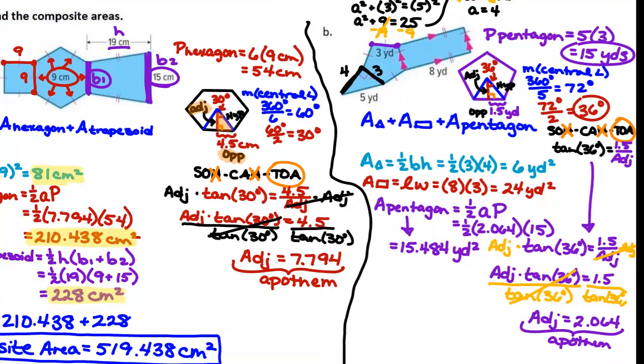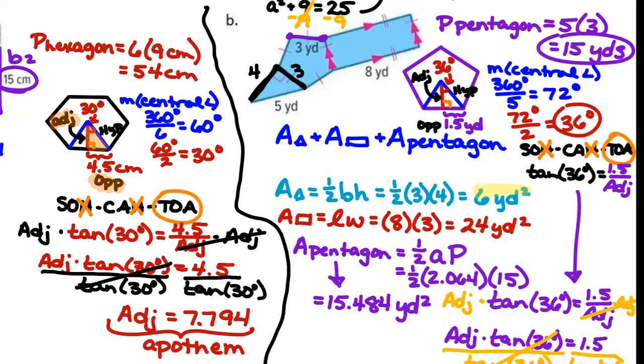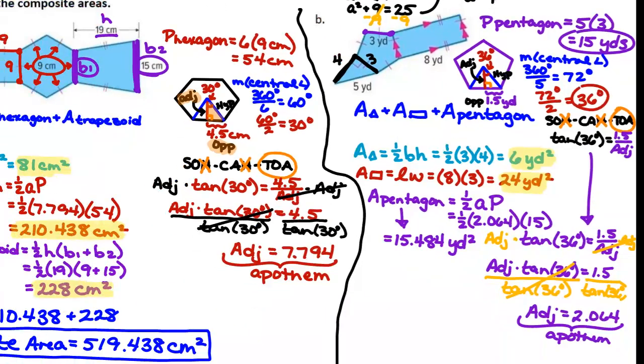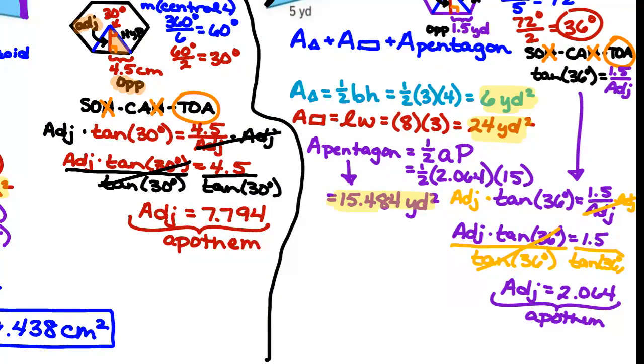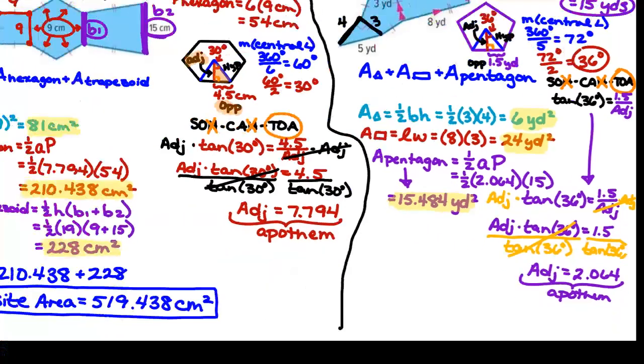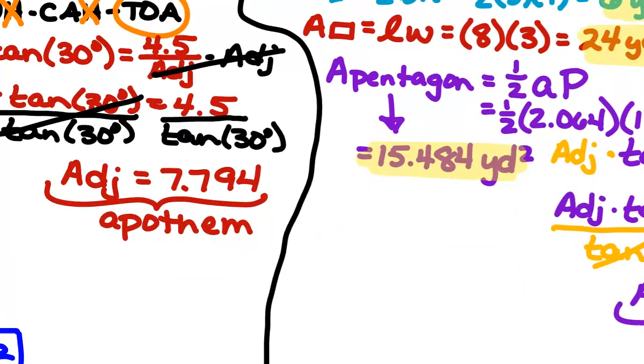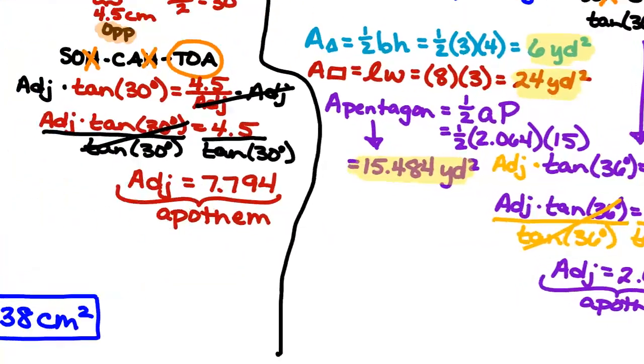So now we're going to take the area of the triangle, which was 6 yards squared, the area of the rectangle, which was 24 yards squared, and the area of the pentagon, which was 15.484 yards squared, we're going to add those together to get our composite area.